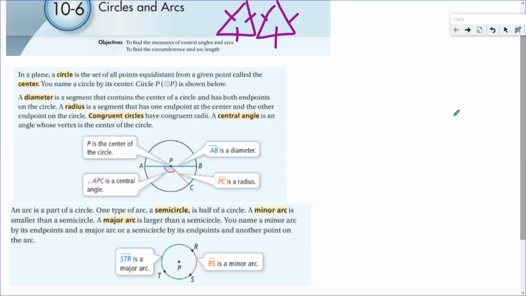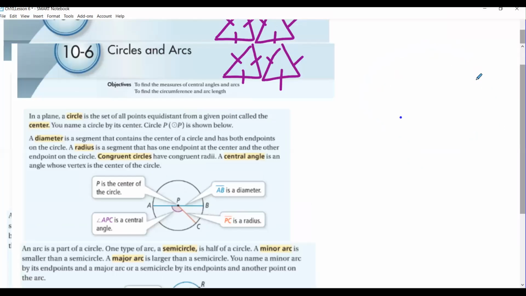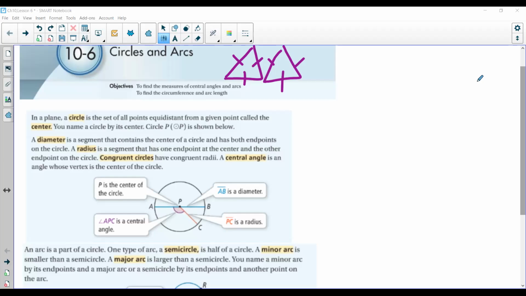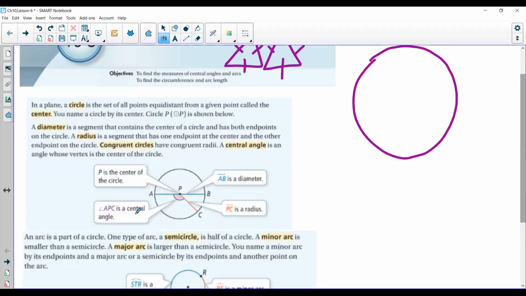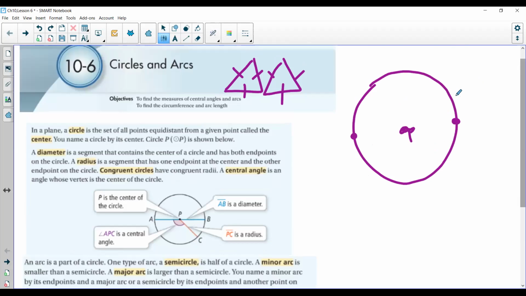So for this circle here, there's a center here, let's name it P. If you have these two endpoints, now an arc is a curve.